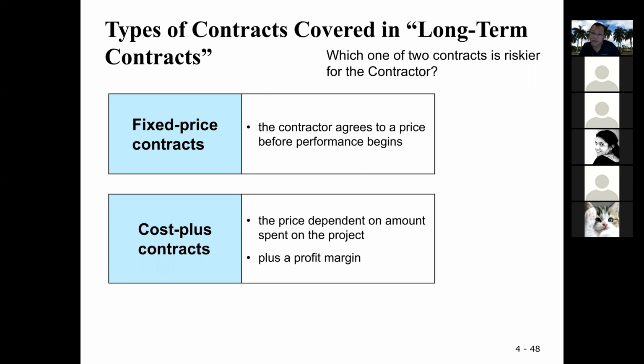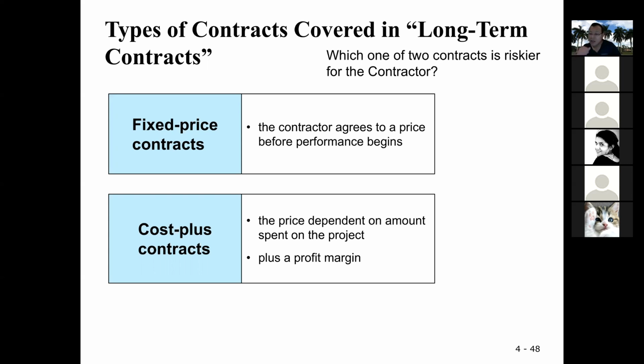So if at the end of the construction my cost is, let's say, 100 million, I'm going to charge you 5% profit margin, that'll be 5 million. So the price would be 105 million in the end. So one is fixed, the other is not fixed, depending on your cost and on the target profit margin.